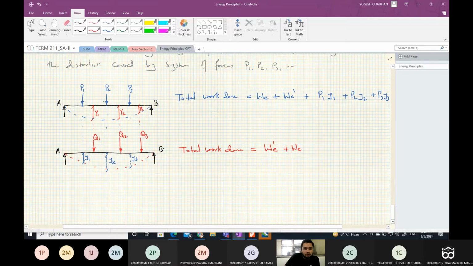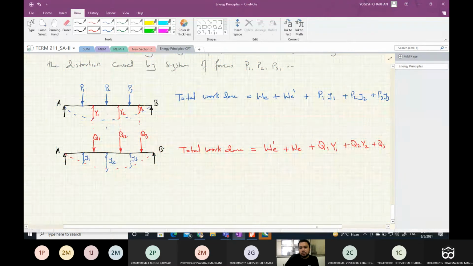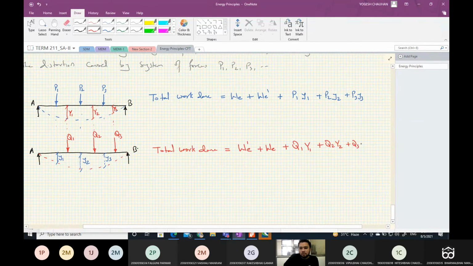Now when you apply this P1, P2, P3, in addition to this Q1, Q2, Q3, the work done will be WE, which is the work done by the system of forces P1, P2, P3 plus Q1 y1 plus Q2 y2 plus Q3 y3.